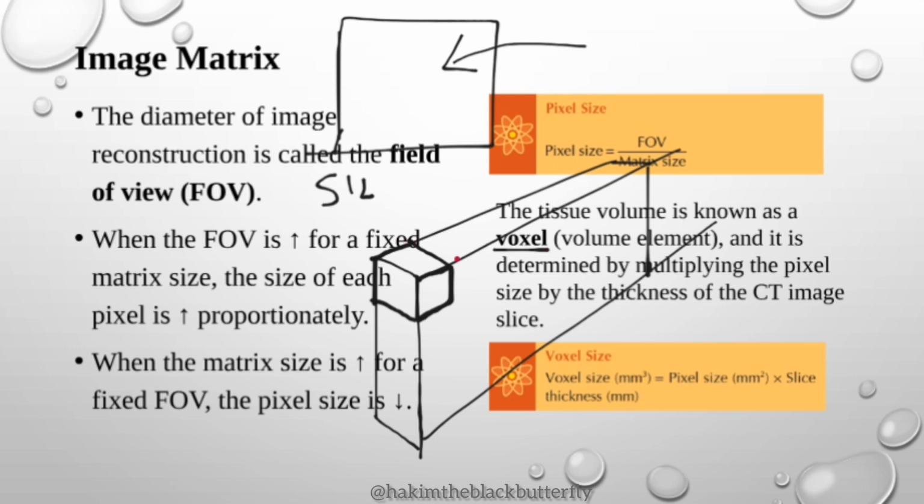The more you reduce this thickness, the photons of X-rays which were used to produce this thickness have also reduced in number. And the fewer the photons in the slice, the more the noise in that slice.